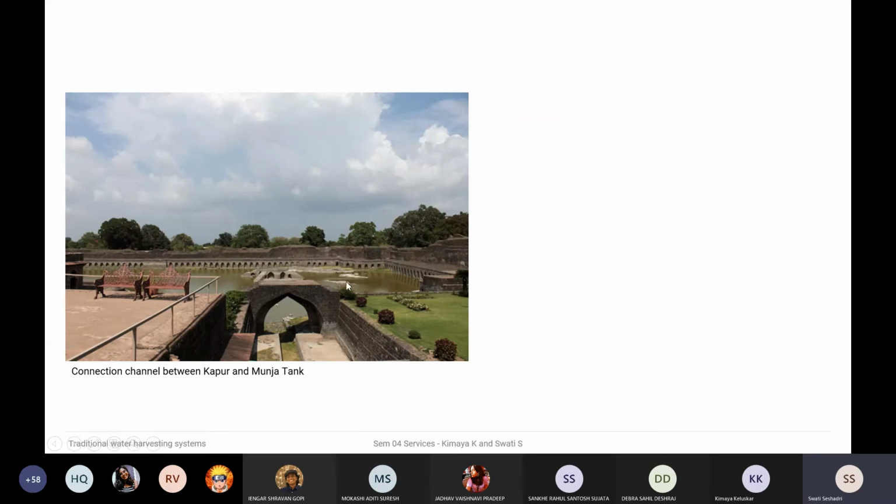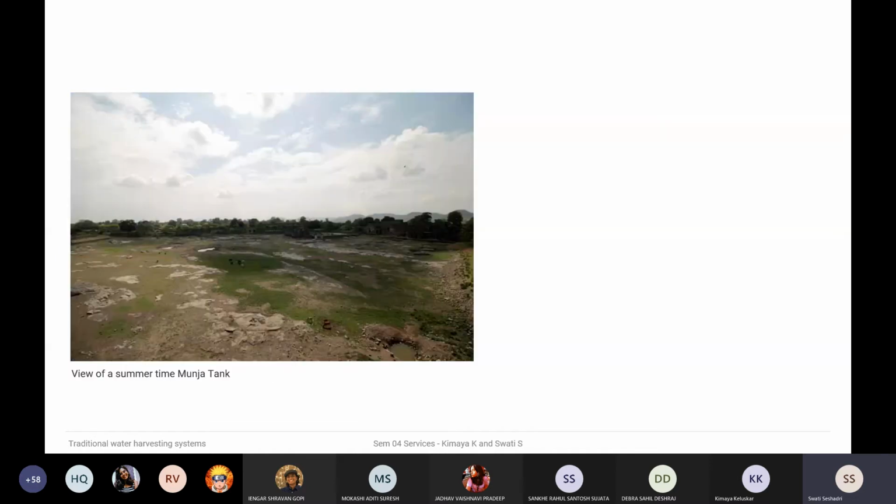This Kapoor tank's bottom is much lower, so its capacity to hold water is much higher, and the Munja side is just the natural ground level landscape, and the level of the ground is much higher, so only the overflow of that side would come into this side. So the water levels would match in a high monsoon condition whenever there is excess water on that side.